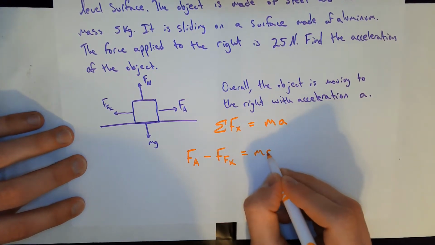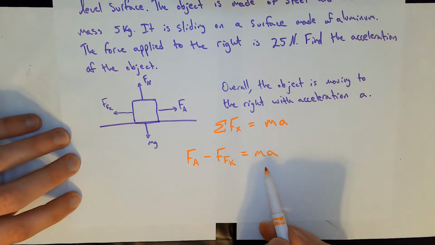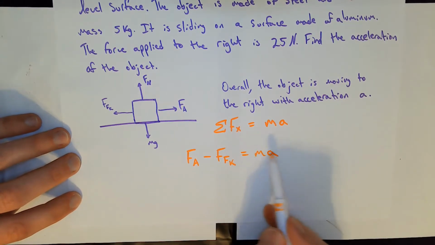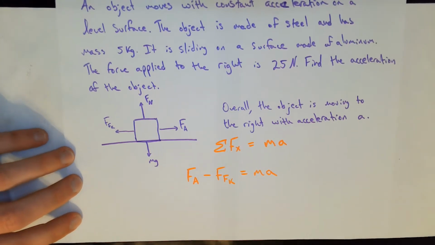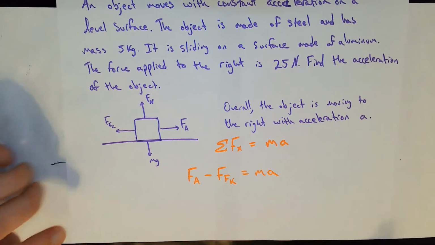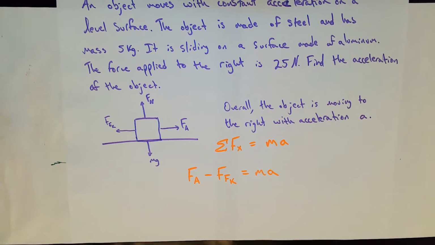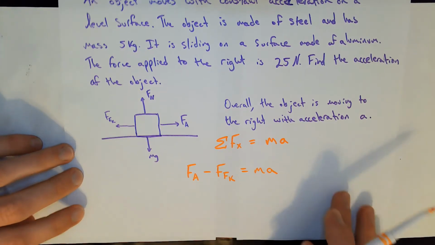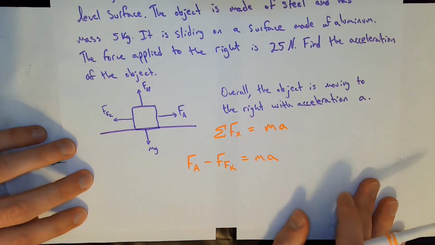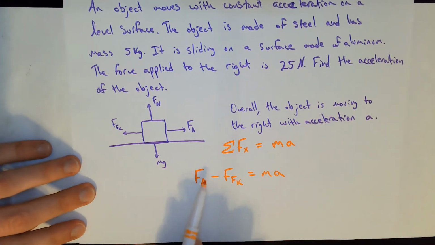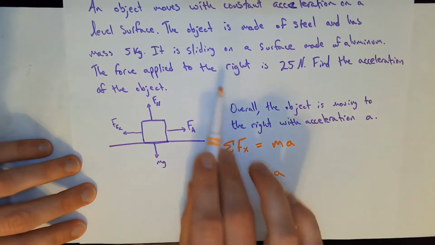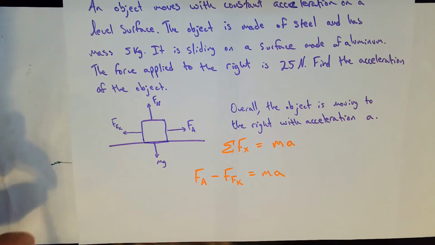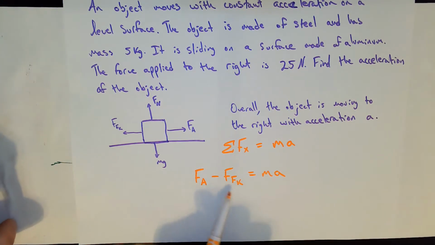That's going to be equal, not to 0 like last time, but equal to some overall force due to that overall acceleration. The applied force is 25 newtons, but maybe I won't plug that in yet. It was straight up given in the problem. The acceleration is what we need to go find.